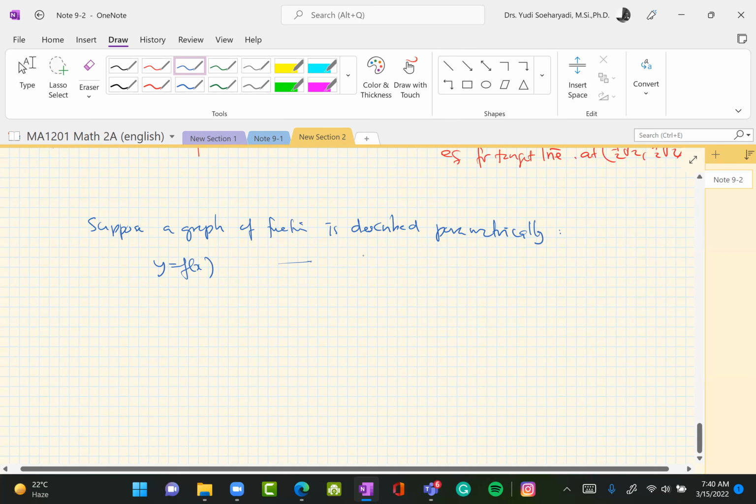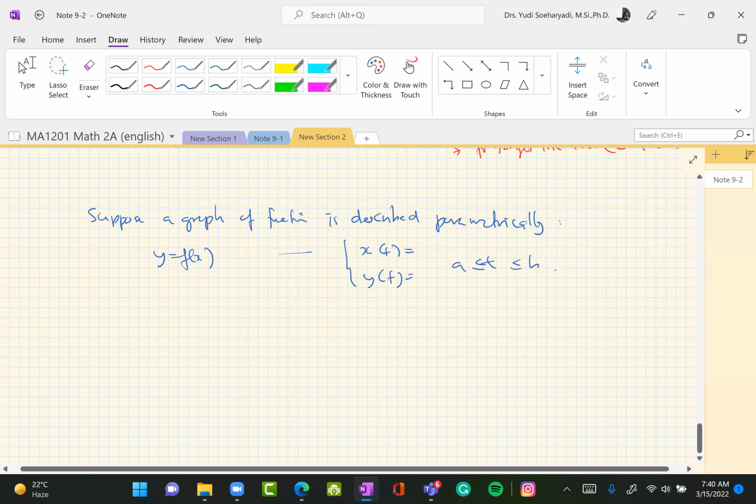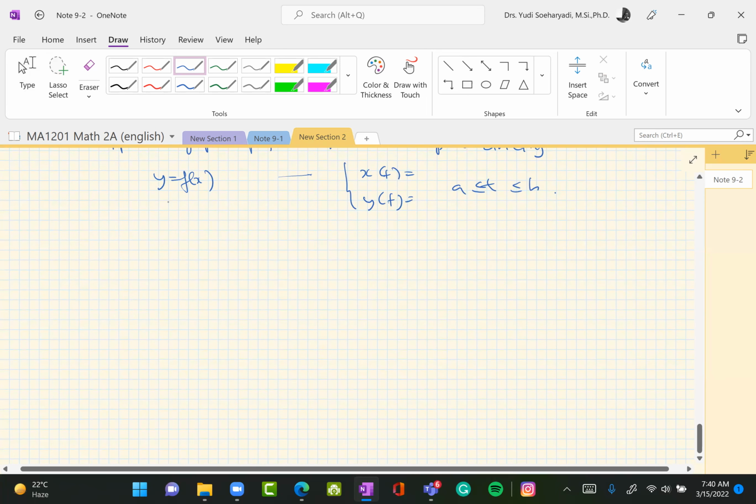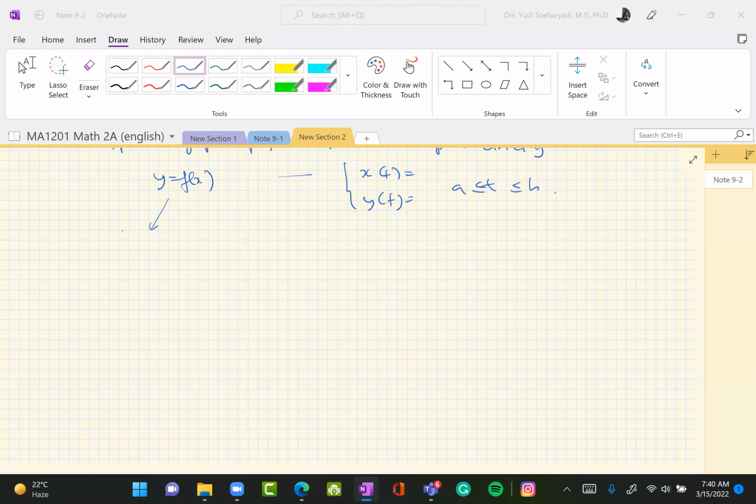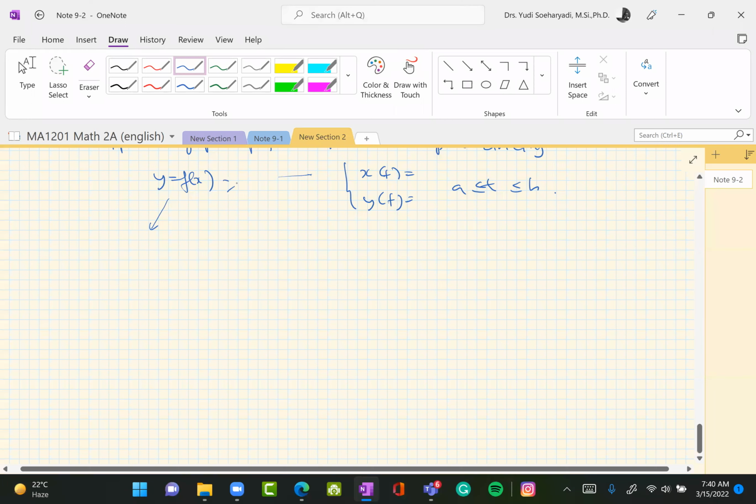It describes, say, x of t, with t from a to b. And from here, we would like to find the area under the curve.